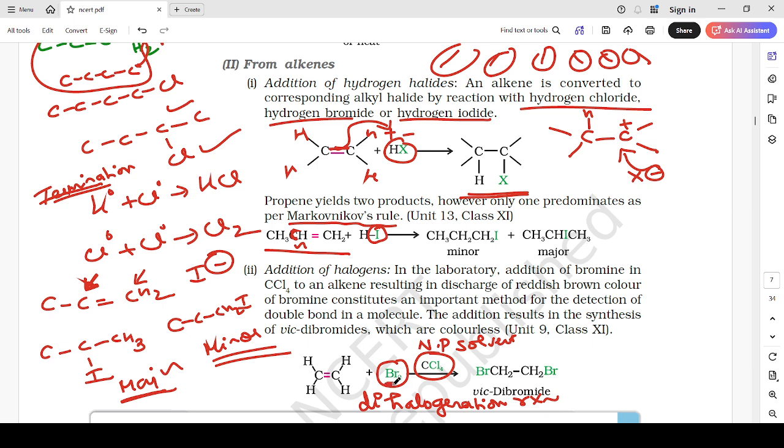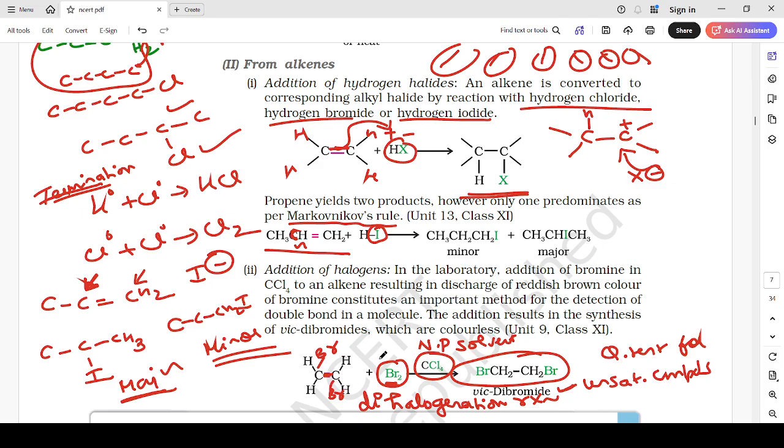Look at the product here. You can see when I added bromine, the double bond became a single bond. You can see two Br are getting added here in the product. This is a qualitative test for unsaturated compounds, where if you are having unsaturation, this bromine would go and react with it to form this product here.